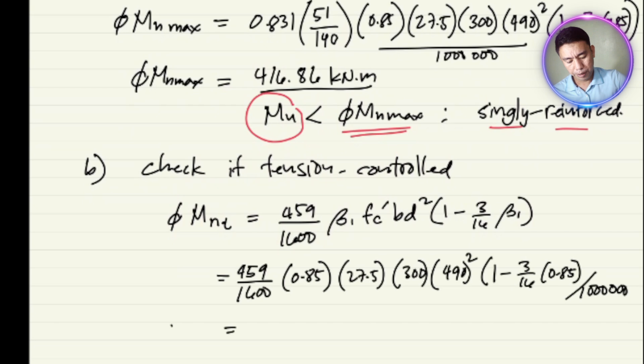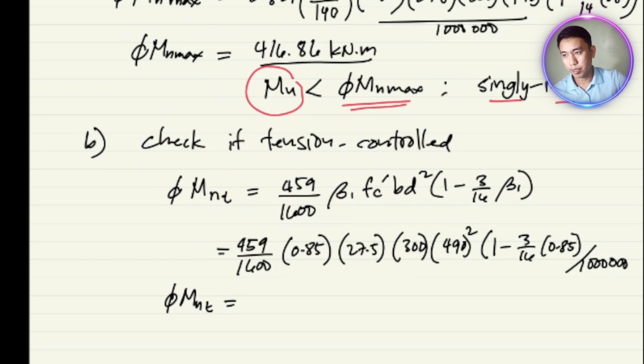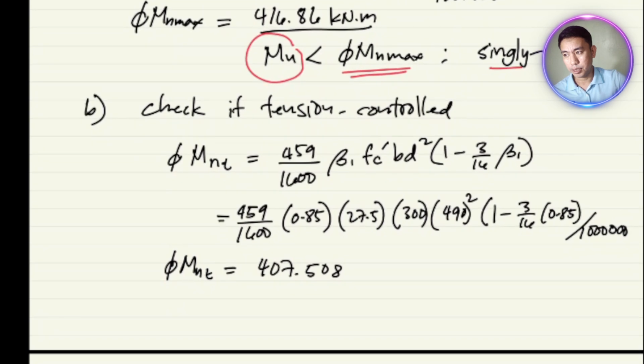So phi Mnt here is equal to 407.508. What does it mean? Our phi Mnt is greater than Mu.